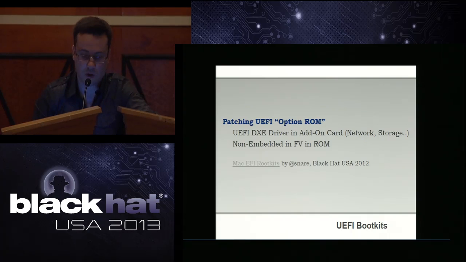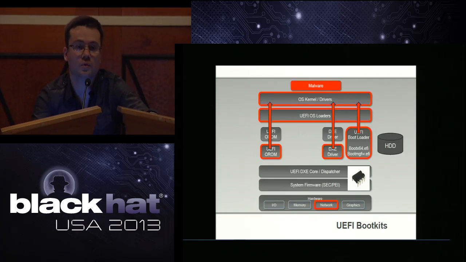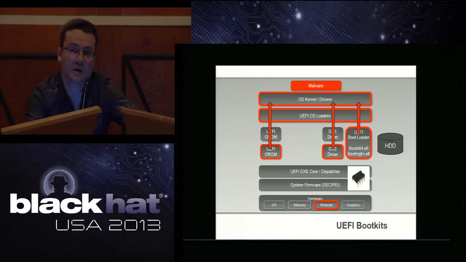And there are some additional options. For example, the exploit could replace the OS loaders, WinLoad, WinResume. It's a little bit up the load chain, so that might not be that attractive. But anyway, or the exploit could patch the GUID partition table, GPT, on a hard drive. So there are multiple options for bootkits to get installed.